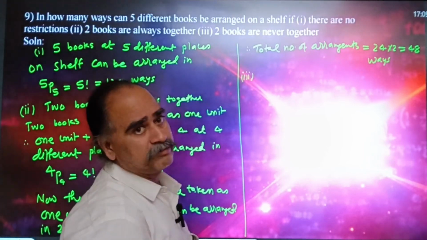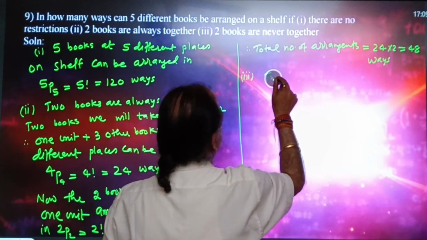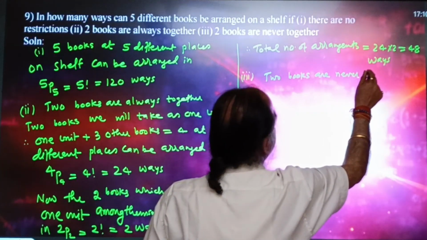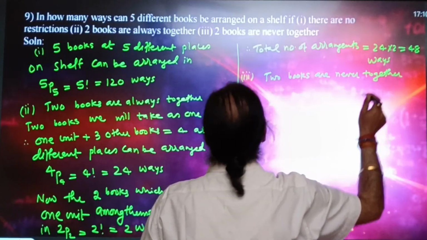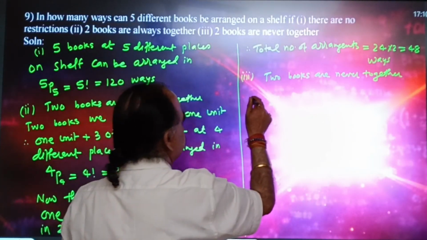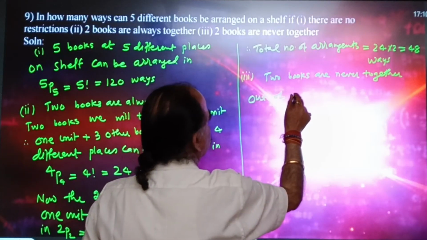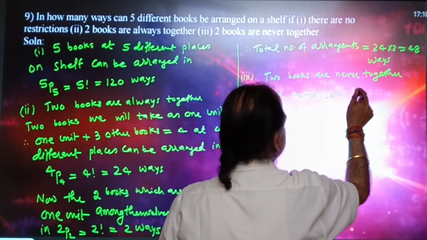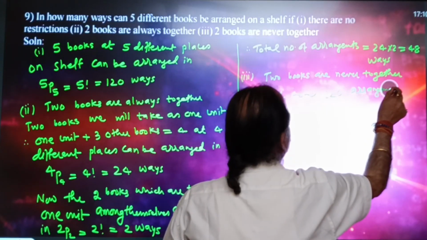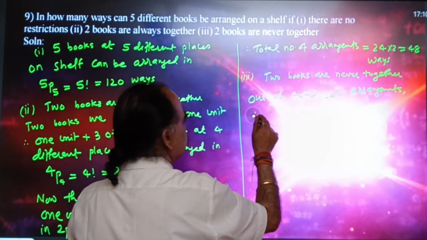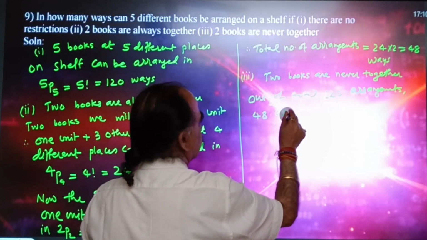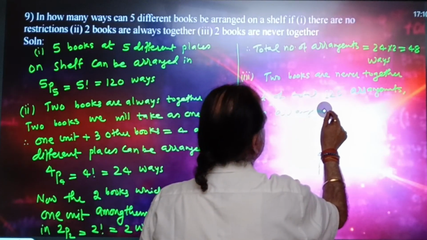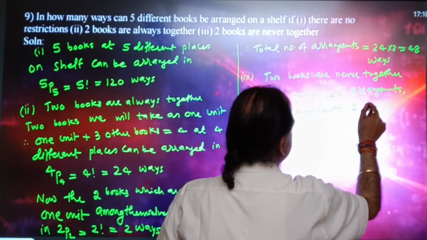Third part is what? Two books are never together. Out of total 120 arrangements, in 48 arrangements, two books are together.